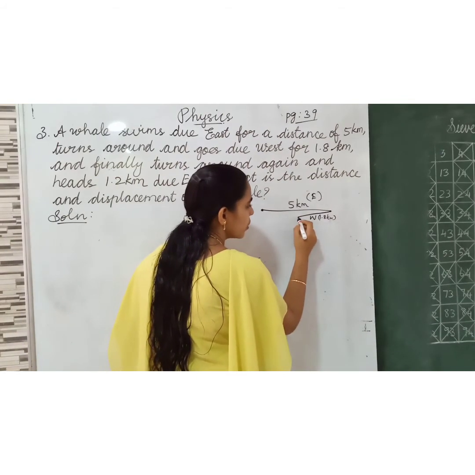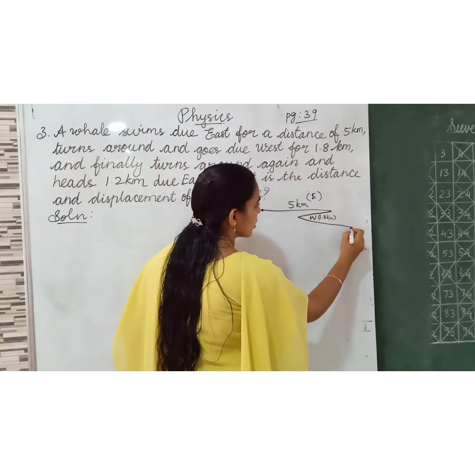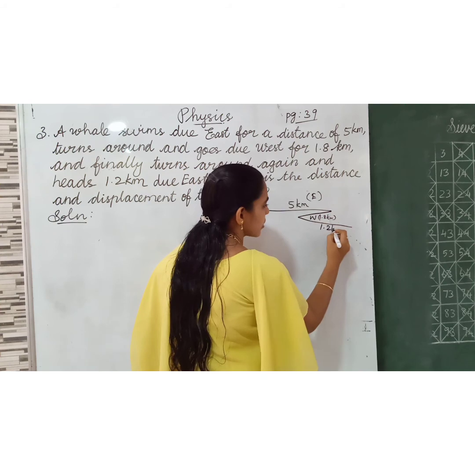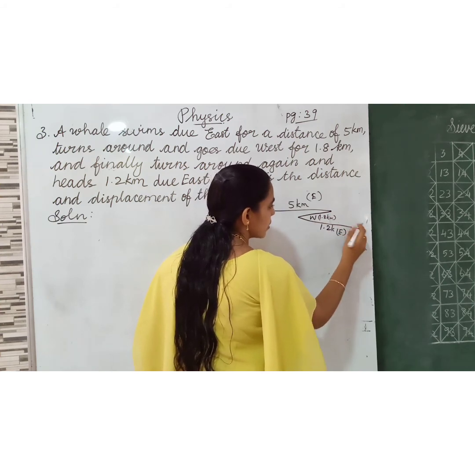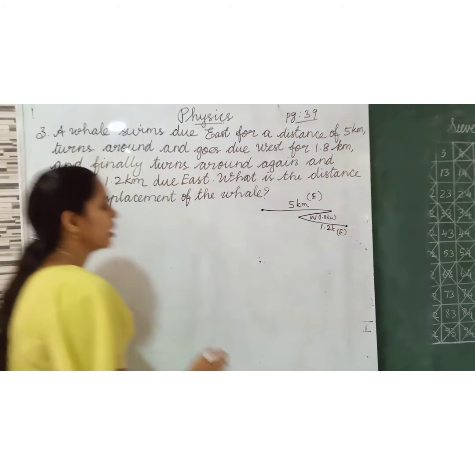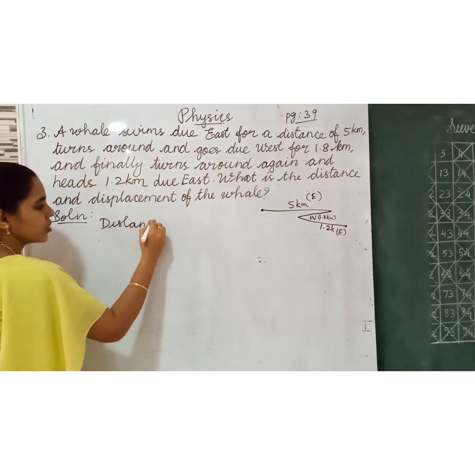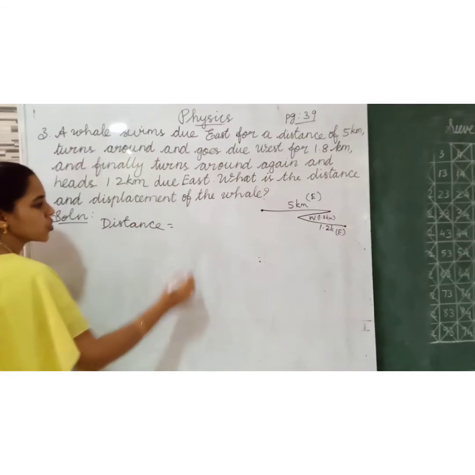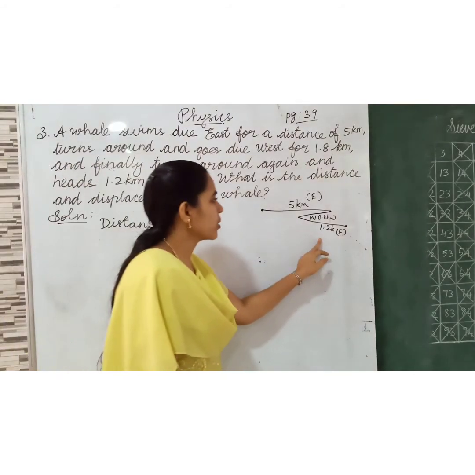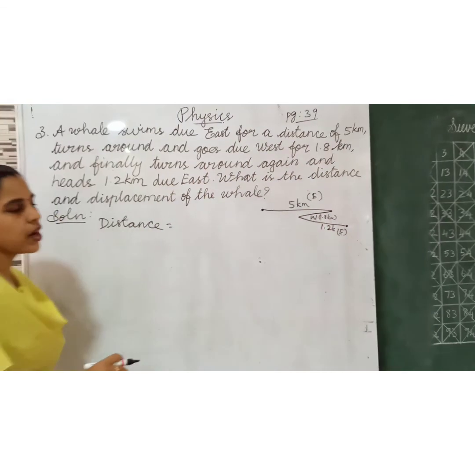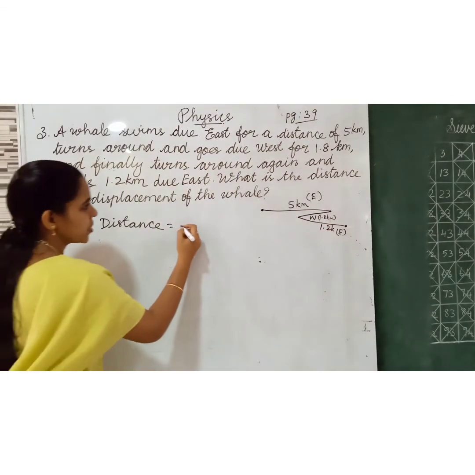Again it goes to the east, 1.2 kilometers. How to find the distance here? Distance is the total path, the total length covered by the object.